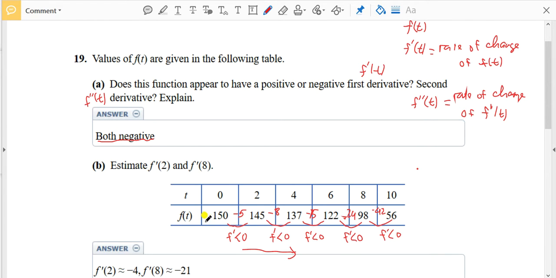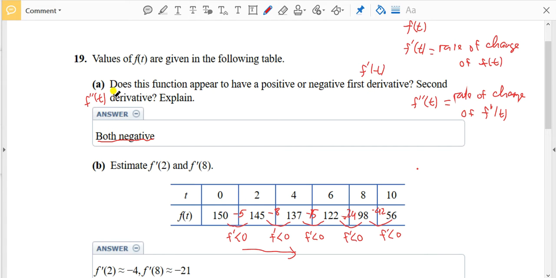The rate of f of t, or f prime, is decreasing here, and 145 going to 137 is also decreasing, so f prime is negative here. 137 going to 122 is also decreasing, and 122 going to 98 is also decreasing, so f prime is negative. That's why your first derivative is negative for sure.